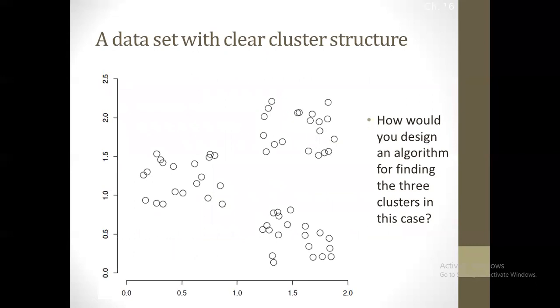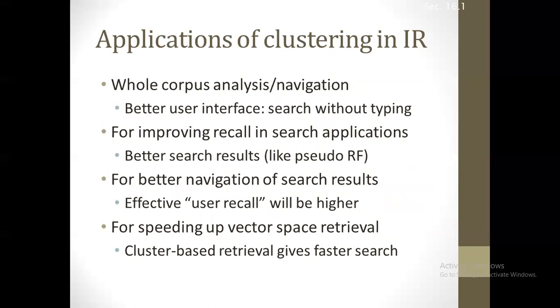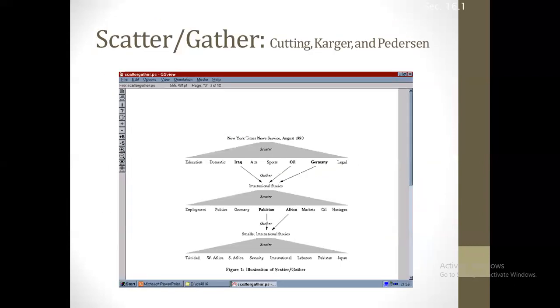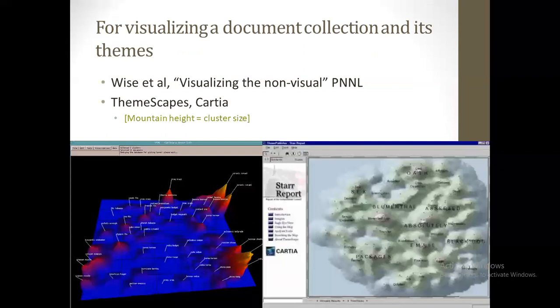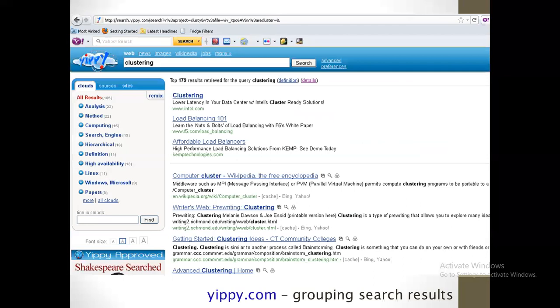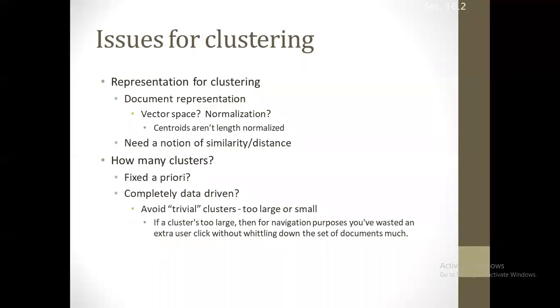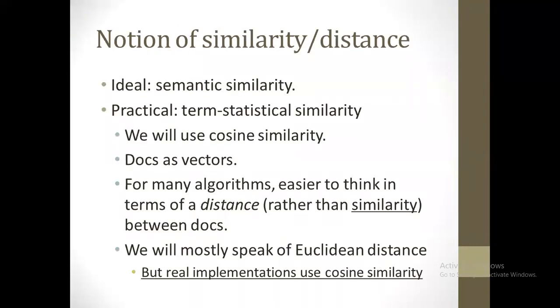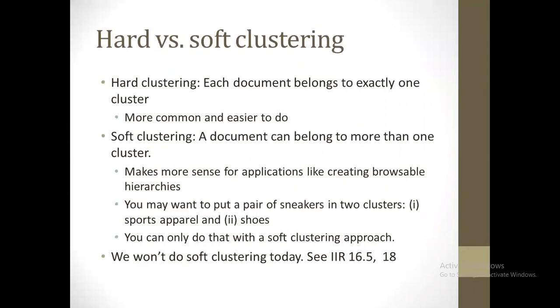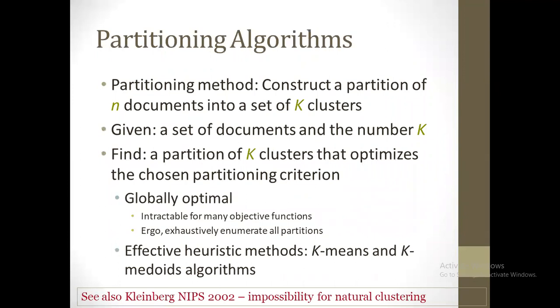This is a data set with a clear cluster structure, and applications such as scatter and gather, visualizing document collections, and improving search recall. The issues for clustering are the notion of similarity and distance, and clustering algorithms, which we studied previously.